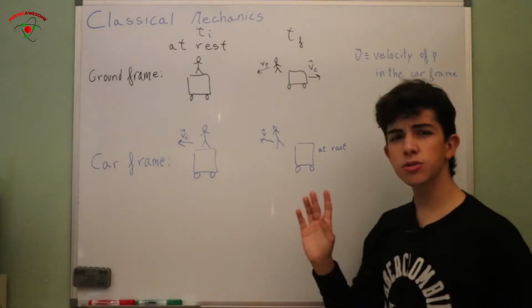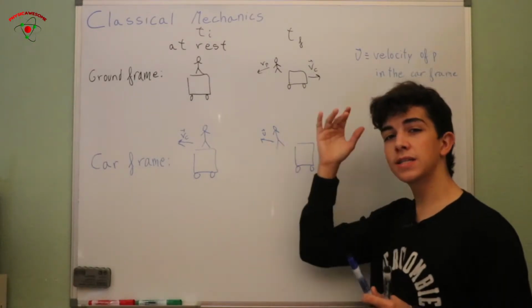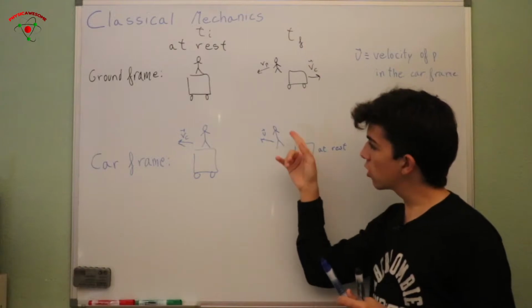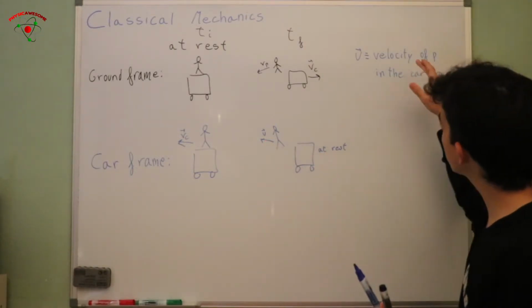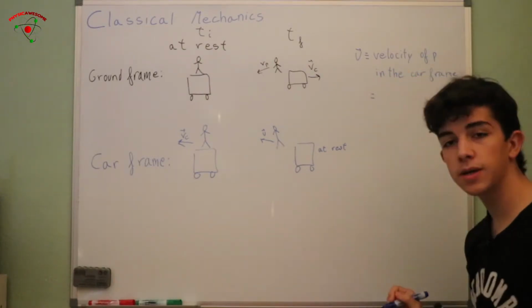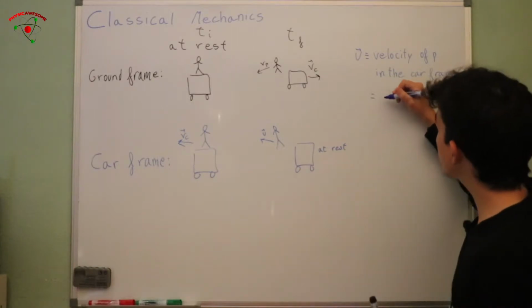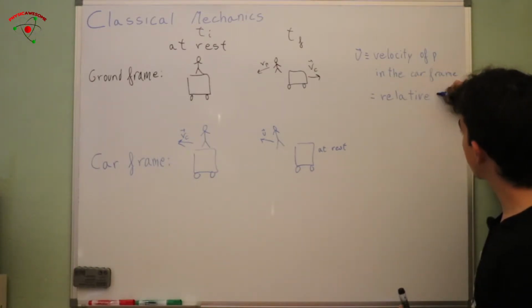However, we also see that this u is the relative velocity of the person with respect to the cart. So these two things are the same. The velocity of p in the cart frame, or the relative velocity, v_rel.